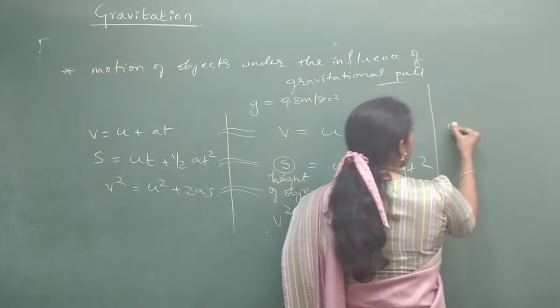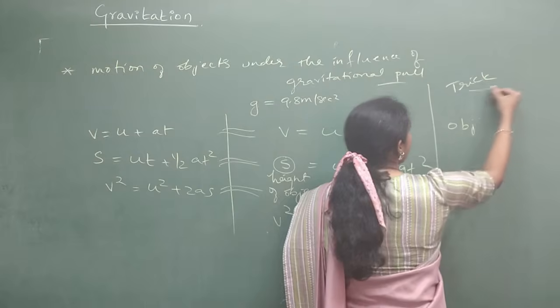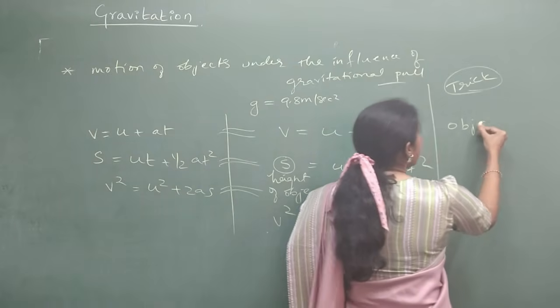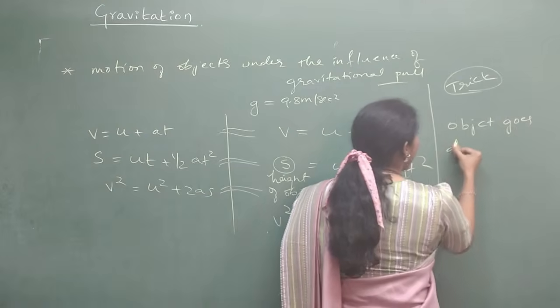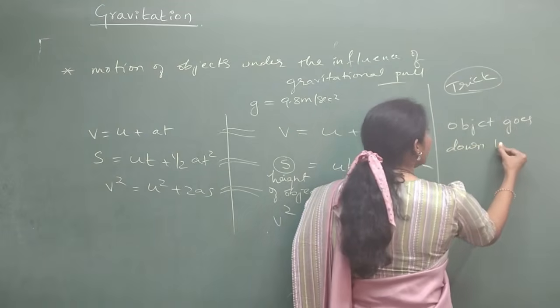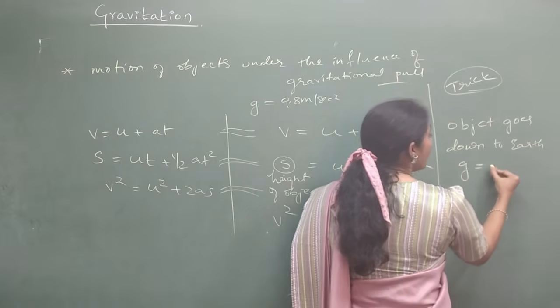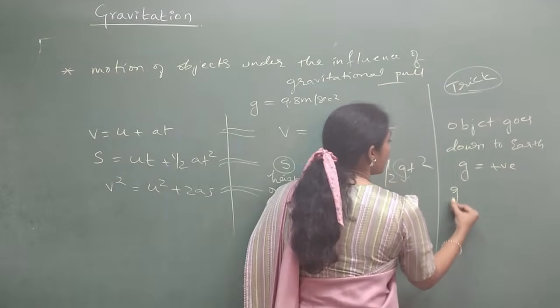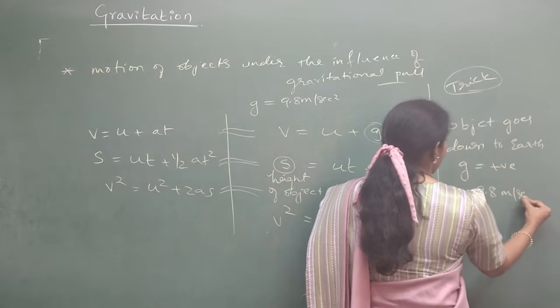Remember this particular trick can help you out for solving a problem. Whenever an object goes down to earth, then g's value has to be positive. I mean g's value is 9.8 meter per second square.